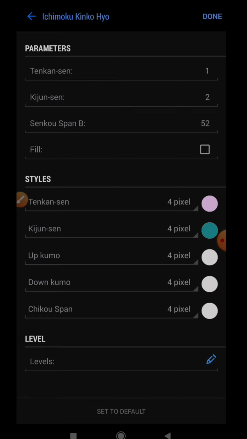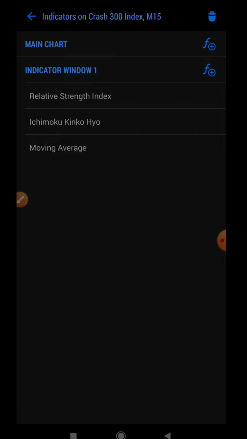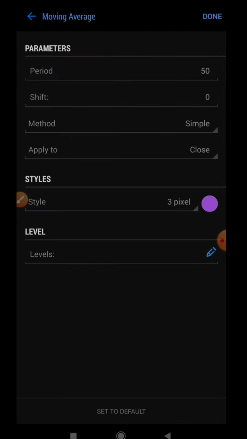But your Tenkan Sen and Kijun Sen, you use a color that is very visible. Okay, that is what you have there. And then lastly, the moving average. The moving average period is 50. The shift is 0. Method is simple. Apply to close, and that's all.